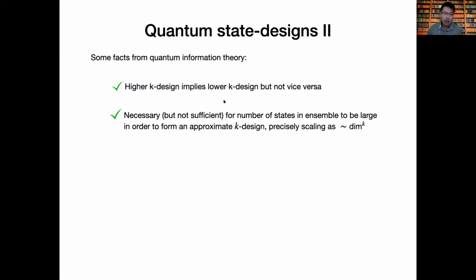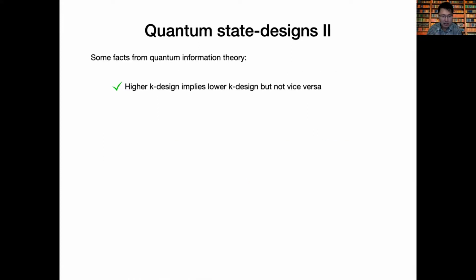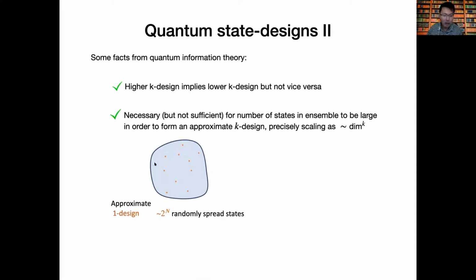And importantly, it is a necessary condition for the number of states in an ensemble to be large in order to form an approximate K design, but it's not a sufficient condition. Precisely, it has to scale as the dimension of the Hilbert space raised to the power of K. So for example, if I want to sample the Hilbert space and ask if the ensemble forms an approximate 1 design, I need, roughly speaking, 2 to the power of n states spread around this Hilbert space.